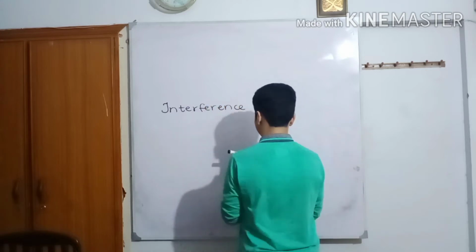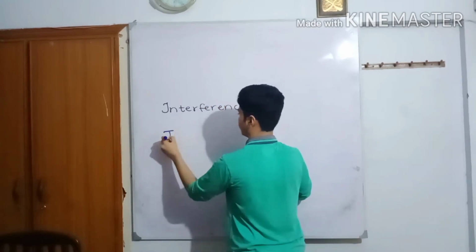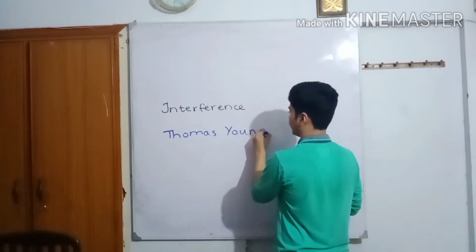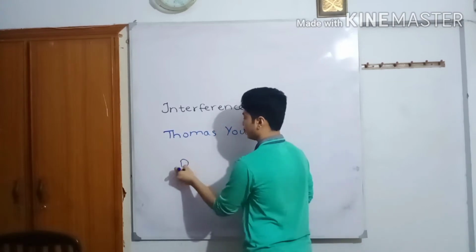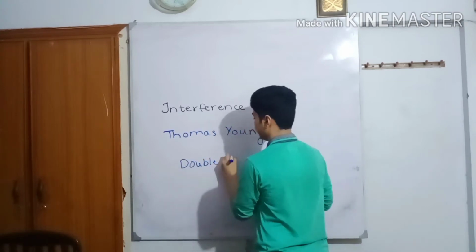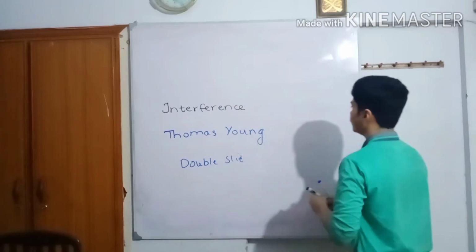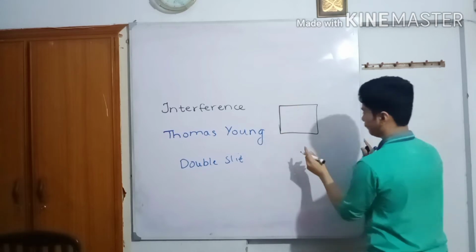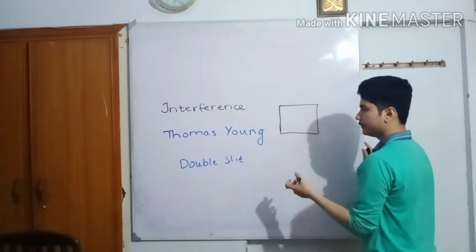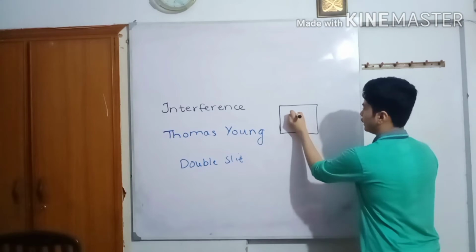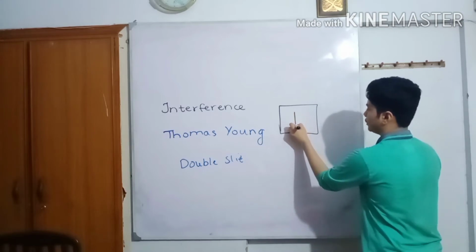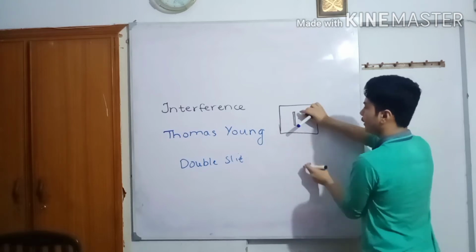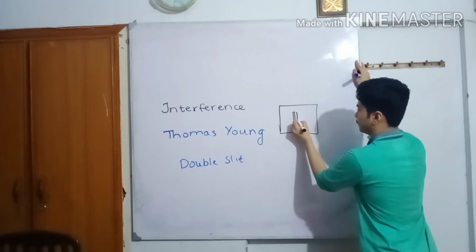Basically, after interference became known, a scientist called Thomas Young performed an experiment using a double slit, meaning two slits. Now what are slits? For example, let's take a cardboard, and suppose I take a cutter and cut this portion of the cardboard, and at a very little distance I cut another portion.